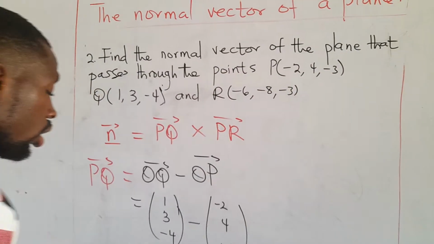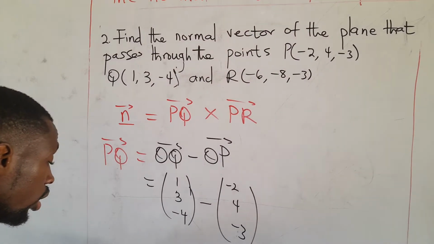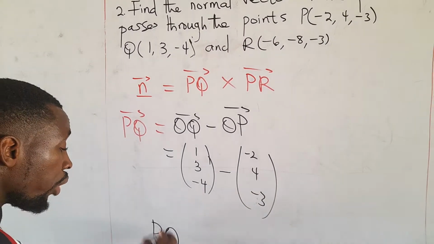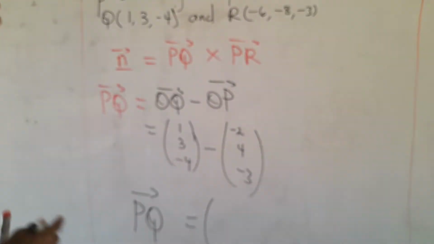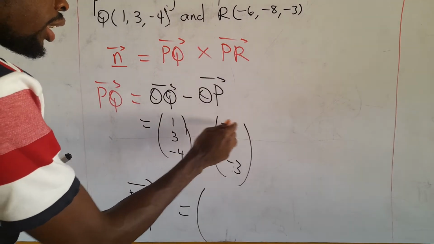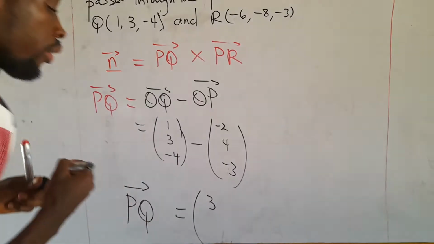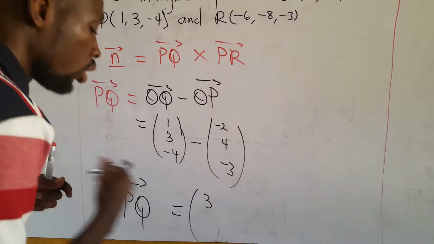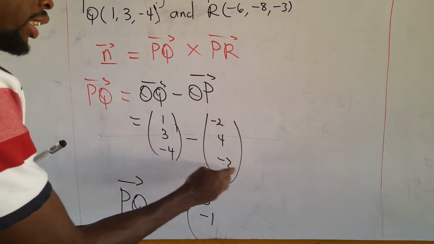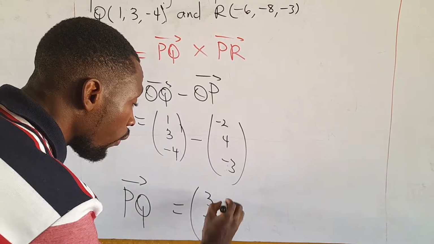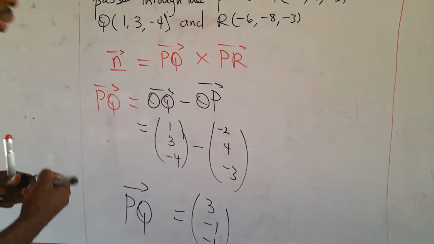I'll subtract, our PQ will be equal to 1 minus negative 2, that will be 3. 3 minus 4, that will be negative 1. Then negative 4 minus negative 3 will be negative 4 plus 3, which is negative 1.